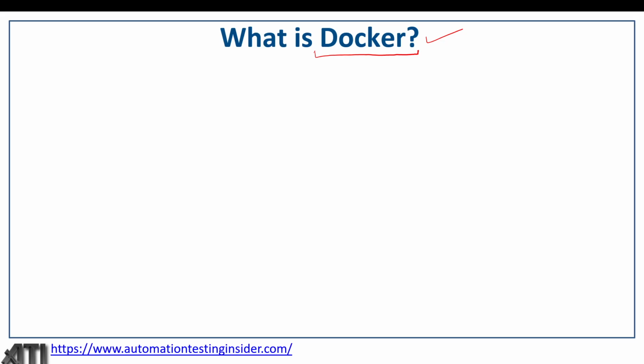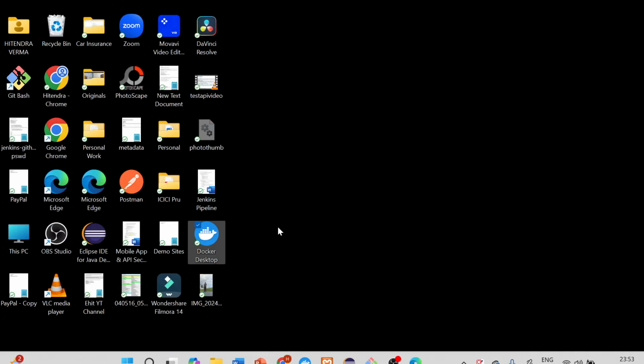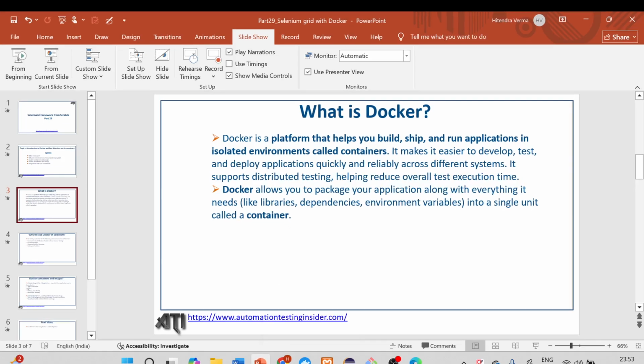We can easily relate to the real meaning of Docker. That's why, if you see the image of Docker, it looks like this. There is a ship which contains different containers. You can see inside it's a ship, or maybe like a whale, right? So that's why the name comes like Docker.